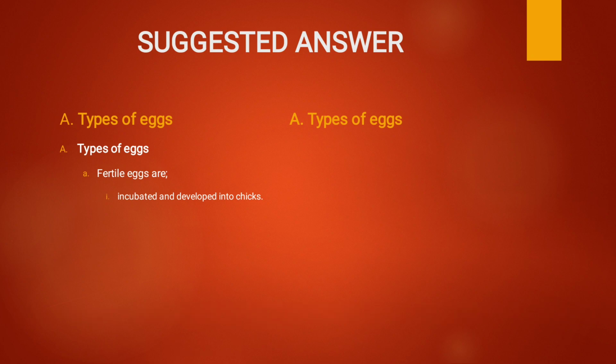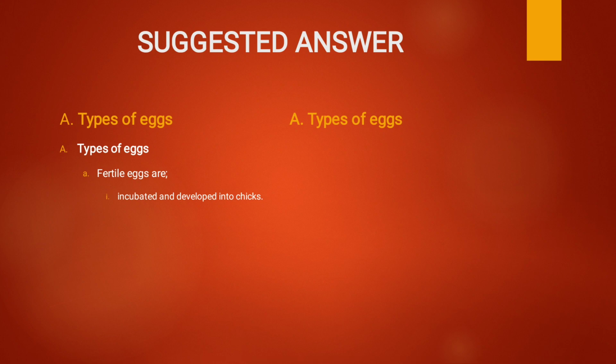I repeat, the first topic sentence is the types of X. The first major supporting sentence to the first topic sentence, which is the types of X, is fertile X.